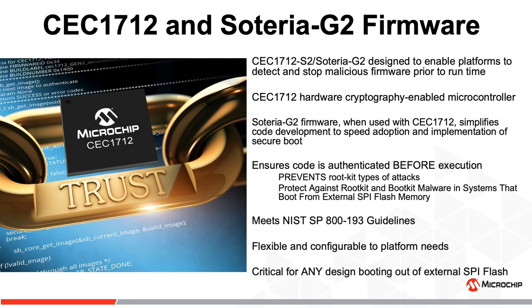This silicon and this firmware are designed to enable platforms, the platform firmware, to detect and to stop malicious firmware prior to the runtime. The CEC 1712 is an ARM M4 hardware-based microcontroller with a significant amount of hardware cryptography embedded into the device.